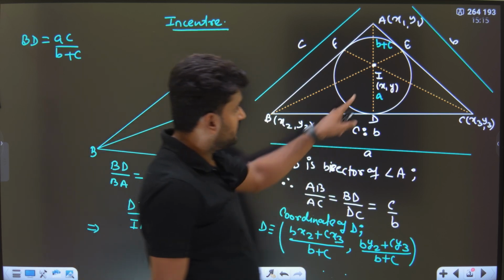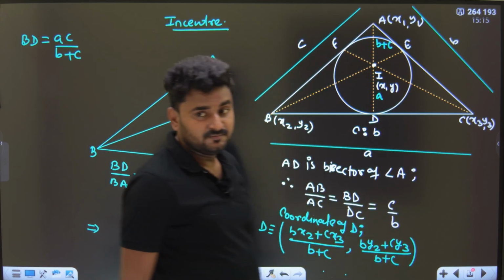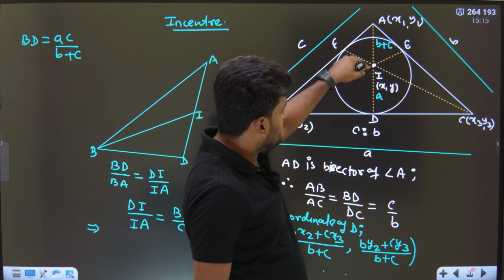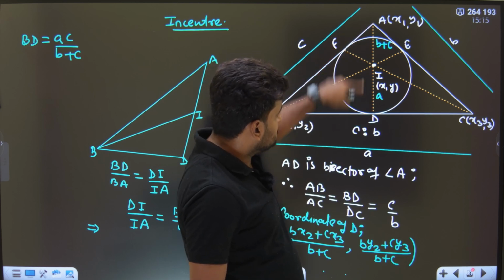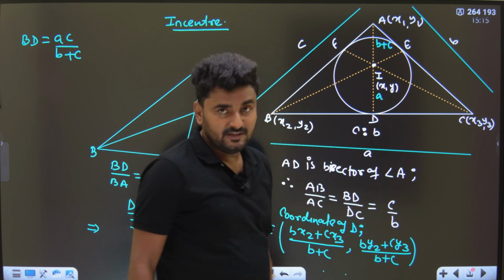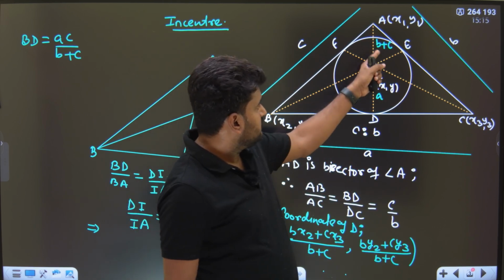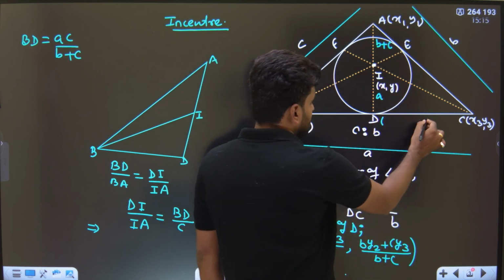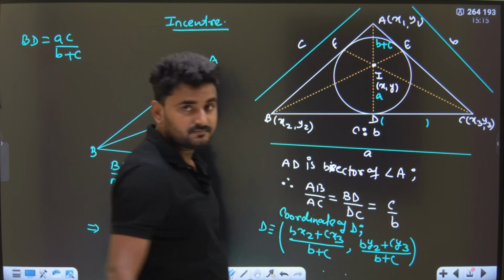Now we will try to find the coordinates x, y of the incentre. How, sir? You can see that this I is dividing the line segment AD internally in the ratio B plus C to A. So I will take m as B plus C and x2, and you have the coordinate of D here.